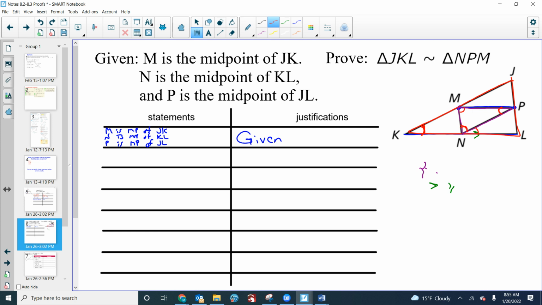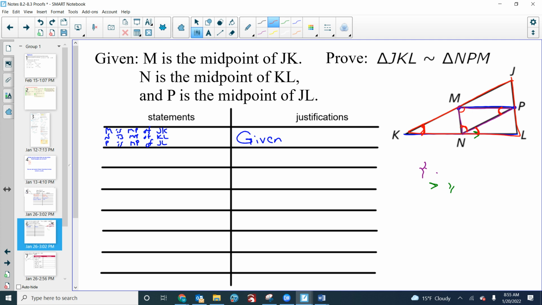And then you would use the transitive property. So this is congruent to this by alternate interior, and then this is congruent to this by corresponding. And so therefore K is congruent to MPN by the transitive property.